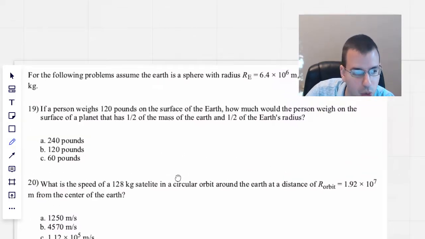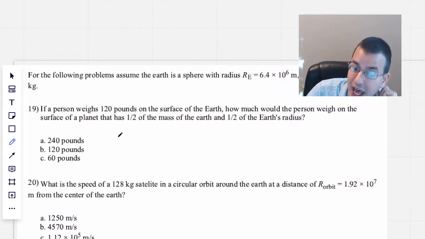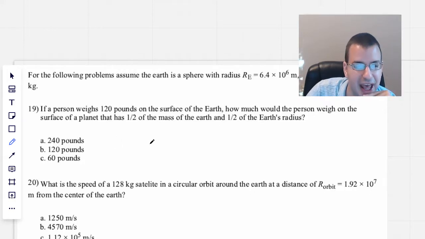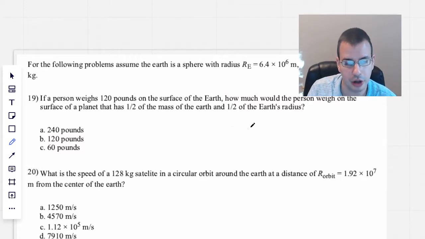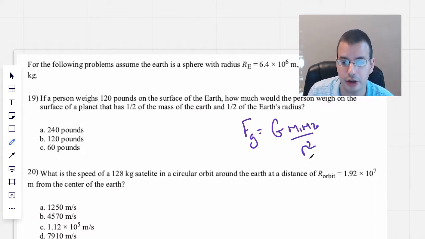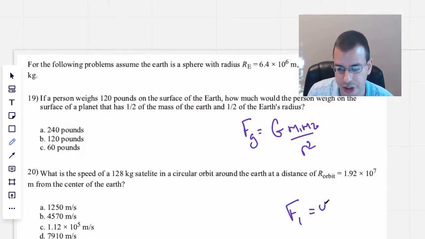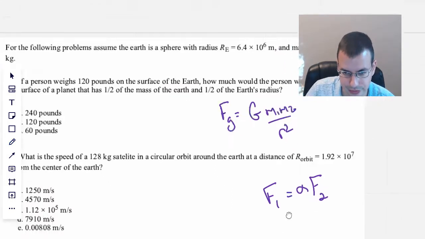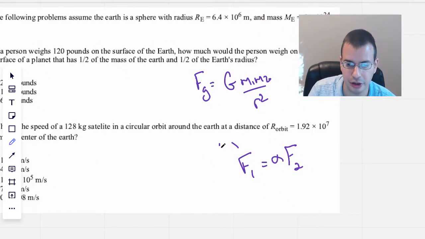How much would the person weigh on the surface of a planet that was 1/2 the mass of Earth, but also 1/2 the radius? Okay, so we're going to do force of gravity equals big G, mass 1, mass 2 over r squared. And we're going to say that force 1 equals some sort of constant, I'm just going to call it alpha, times force 2, where this will be Earth, and this will be not Earth.